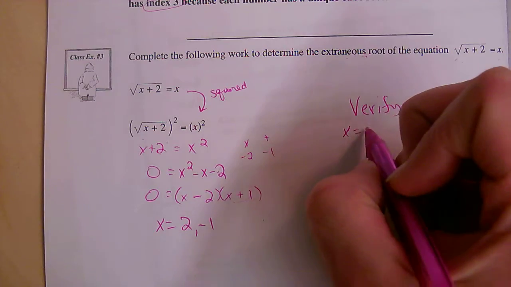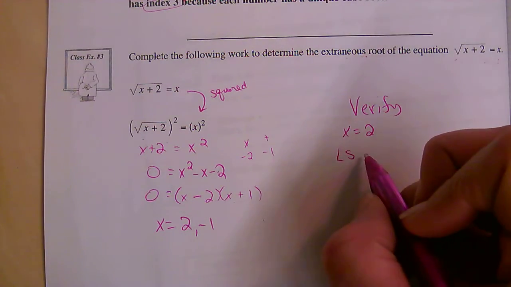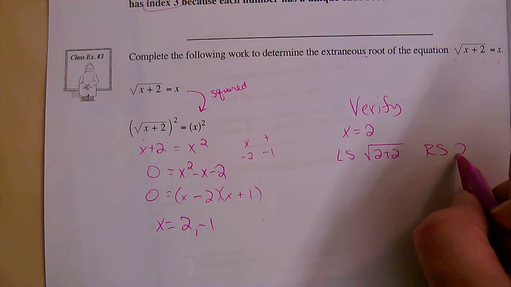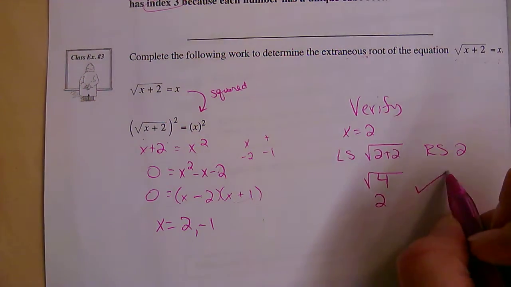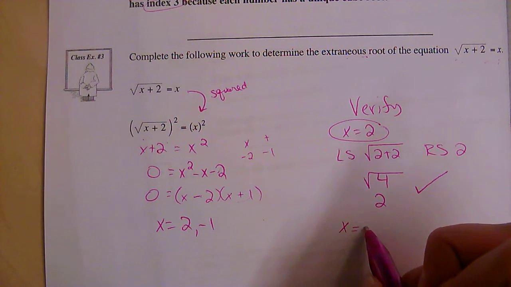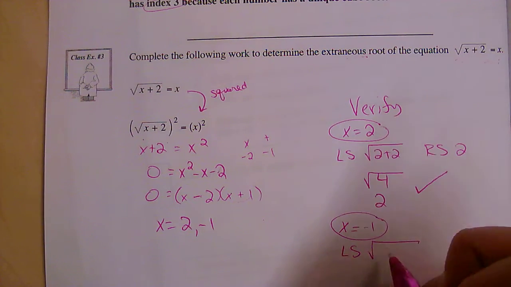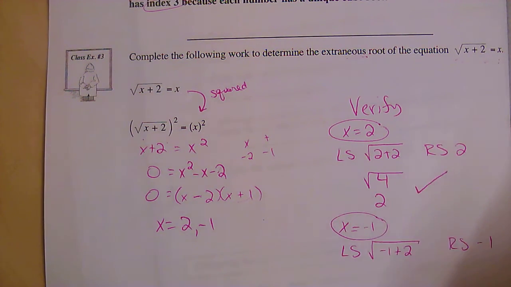So we'll verify x is equal to 2 first. My left side is the square root of 2 plus 2, my right side would just be 2. 2 plus 2 is 4, the square root of which is 2. So left side is equal to right side. If I'm verifying x is equal to negative 1, that's going to be the square root of negative 1 plus 2, and my right side is going to be negative 1.